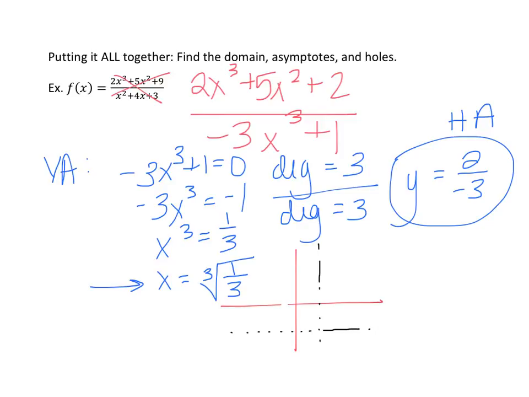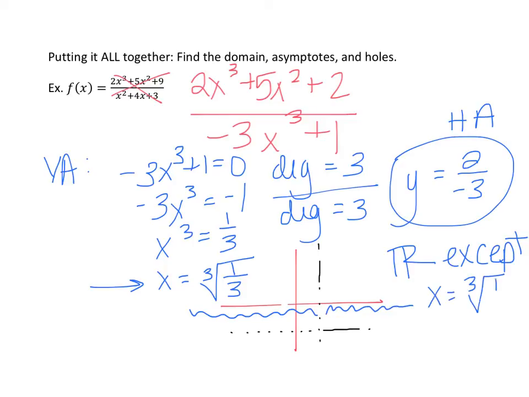My domain is when I'm looking left and right. My graph can come in from negative infinity, do anything it wants until it gets here, and it's got a break. And then it can pick up, go all the way to positive infinity. So my domain is all real numbers except where I had that asymptote, except at x equals cube root 1/3. Domain.